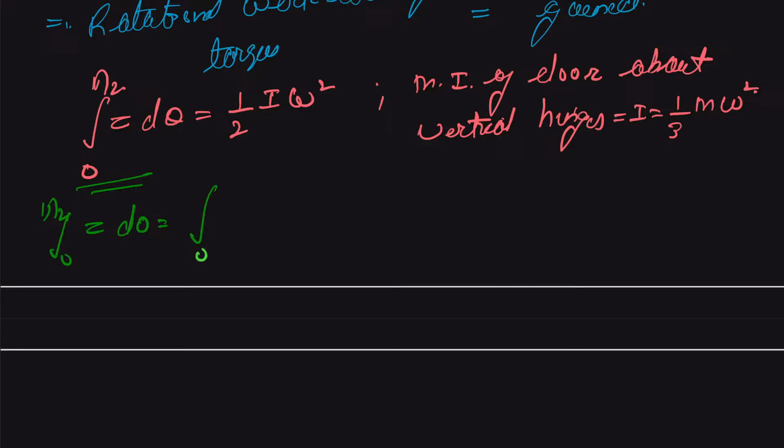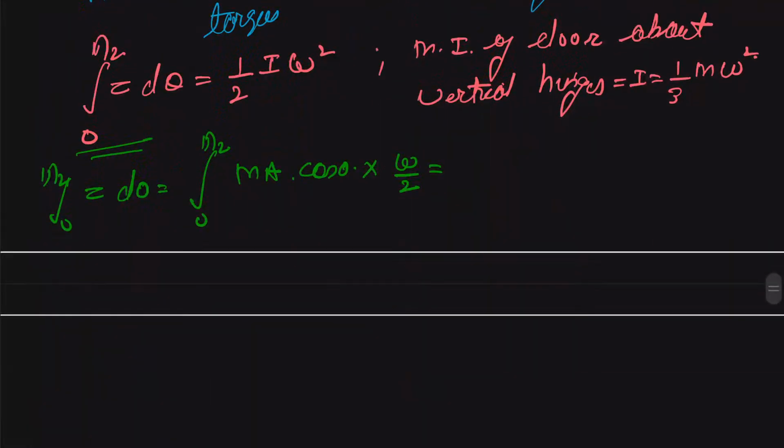So we get 0 to pi by 2, Ma cos of theta multiplied by W by 2, and cos of theta is the only term, and left is d theta. From our cos we are going to get sine, and that will be sine pi by 2 minus sine 0, which is obviously equal to 1.